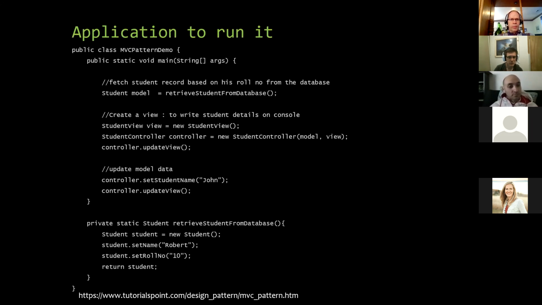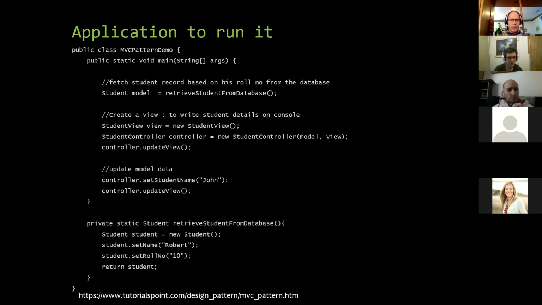And then it updates the model data by setting a student name of John, and then it updates the view. And then in this method, retrieve student from database, it sets a different student name of Robert and a roll number of 10.